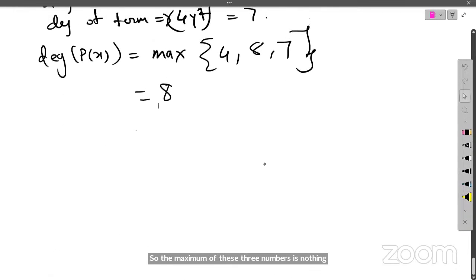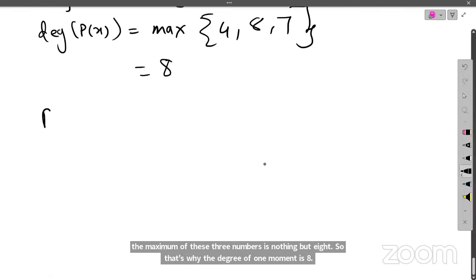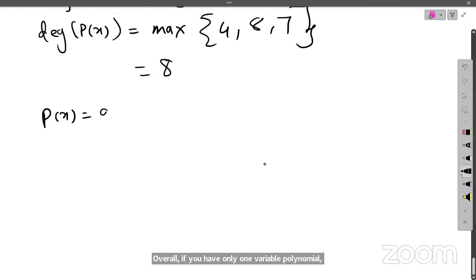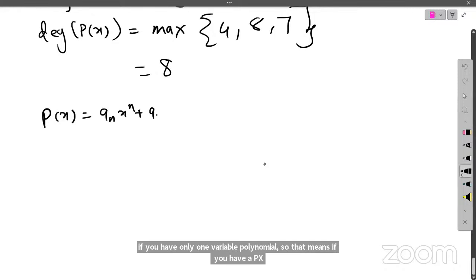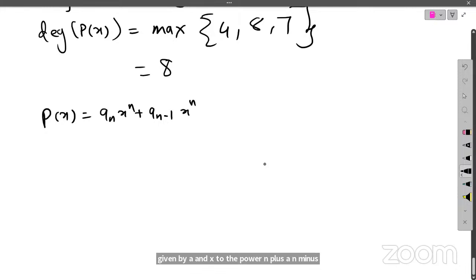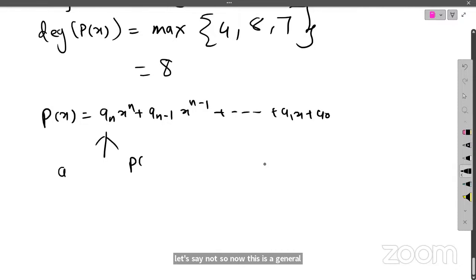Overall, if you have a polynomial in only one variable, that means if you have p of x given by a n x to the power n plus a n minus 1 x to the power n minus 1 plus and so on plus a1 x plus a naught. This is a general form where I am assuming that a n is not equal to 0 and all the a's are real numbers.